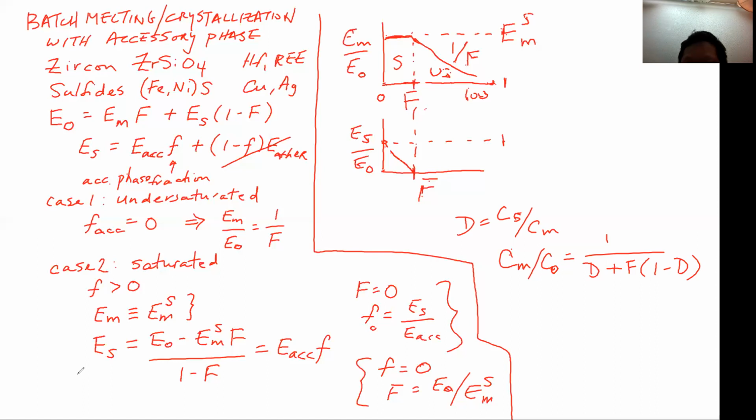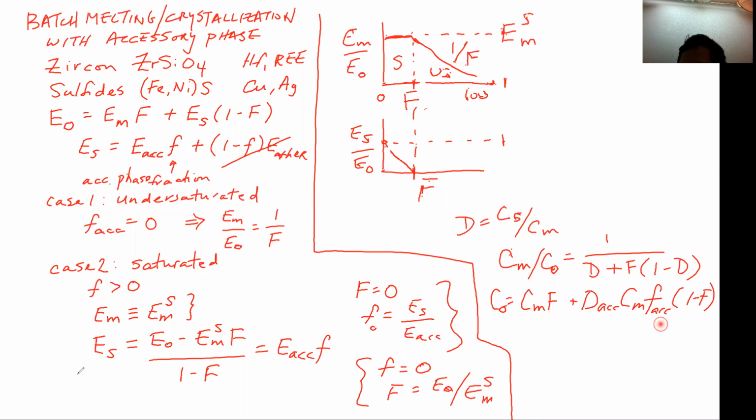And the way you would derive it is to go back to your simple mass balance there. And it would be Cm times the melt fraction plus D, I'm going to do this, D_ACC, I'll write it out and then explain later, times f times (1 minus F). Okay, so the first term is the total amount of that element in the melt.